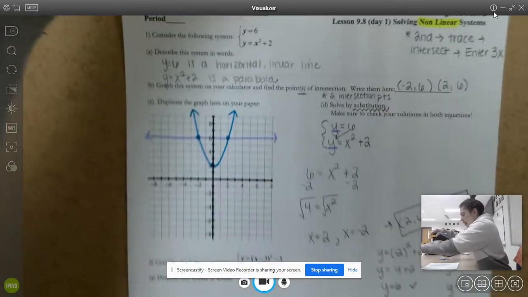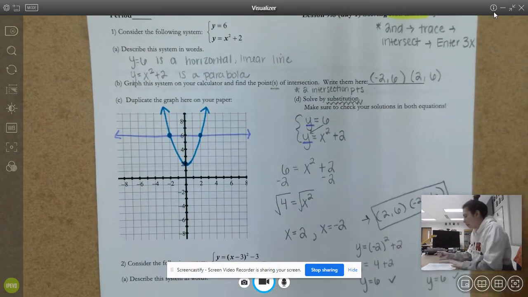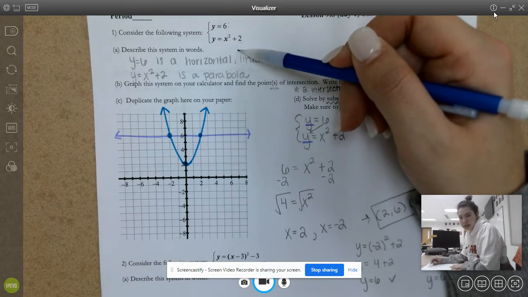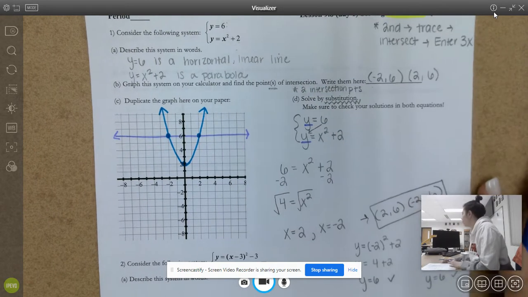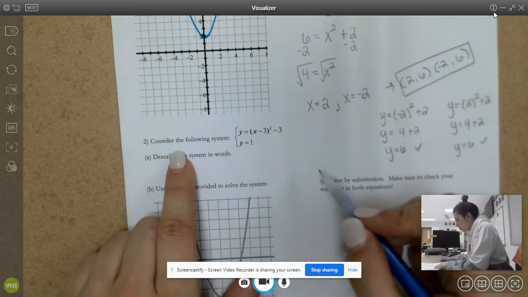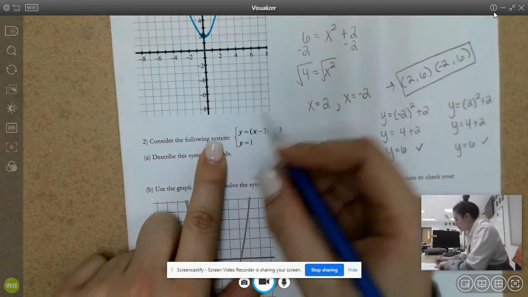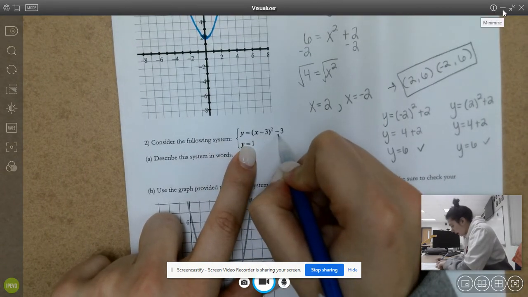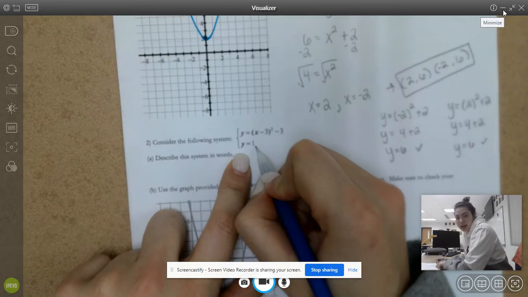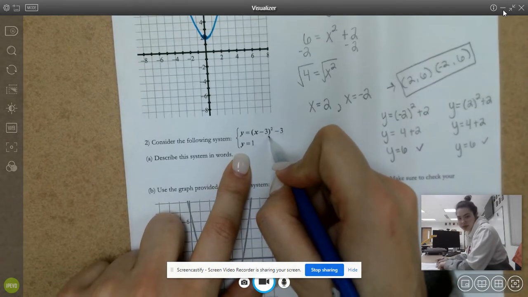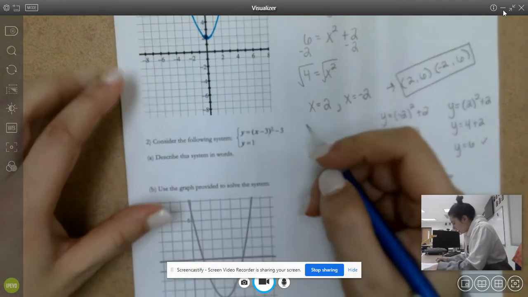So here is our first example problem, the system where y is equal to 6 and y equals x squared plus 2. Let's take a look at the next example problem. Here we see the following system: y equals (x minus 3) squared minus 3, and y equals 1. Now, even though this function looks a little bit different to us, we notice that it is squared.